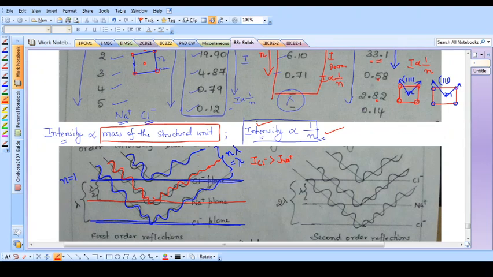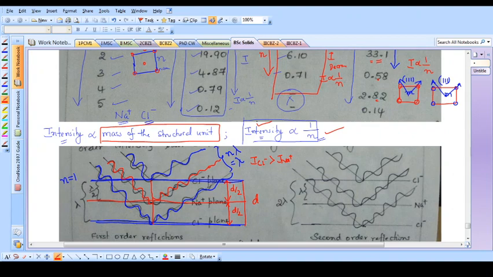Now the distance between these two chloride planes is d. So what is the distance between the chloride and the sodium plane? It should be d by 2. Similarly, the distance between these two planes should also be equal to d by 2.